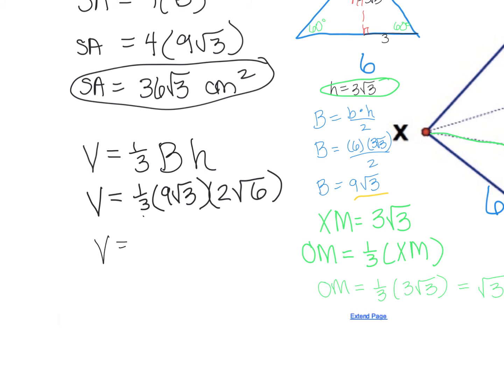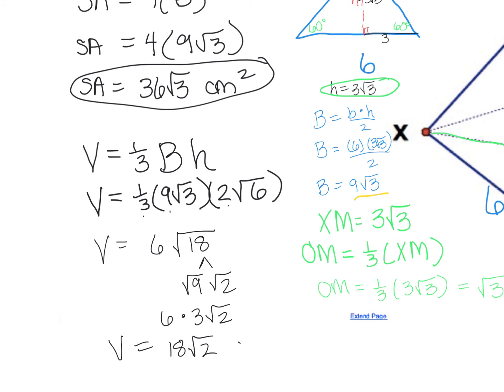So a third times 9, 3, times 2, 6, separate from what's inside the radical. Radical 3 times radical 6 is radical 18. Now we want to break that down to its perfect square factors. That gives us 3 radical 2, drop down your 6, multiply what's in front, and we get our final answer for volume is 18 radical 2 centimeters cubed.